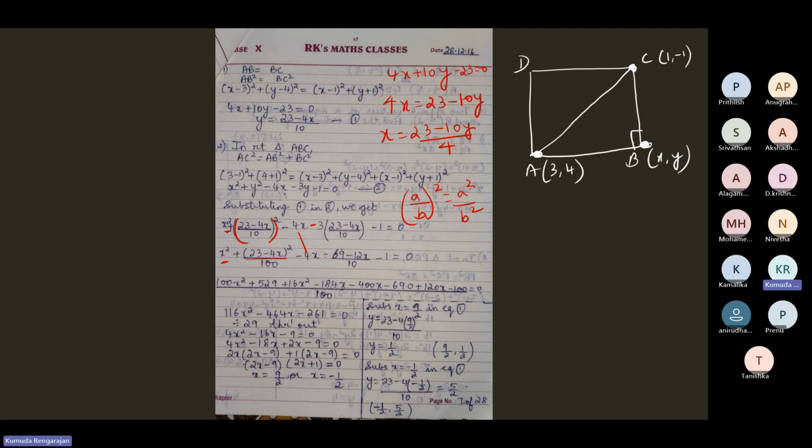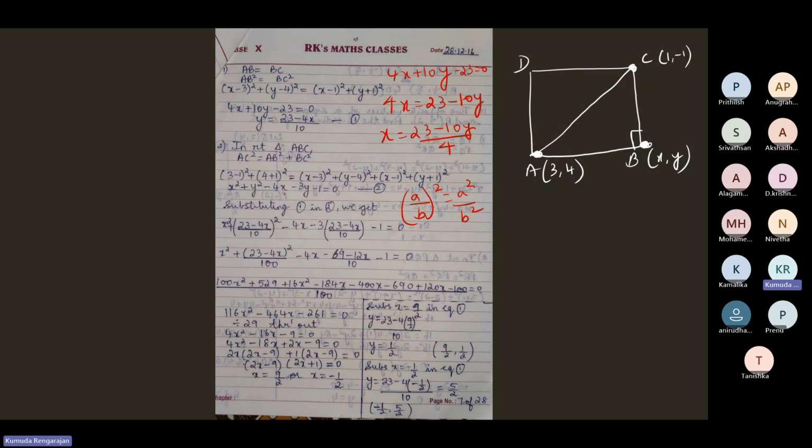This minus stays as it is. Multiply only the 3 with the terms inside the bracket. Only when you take the LCM will you have to multiply the minus sign inside.